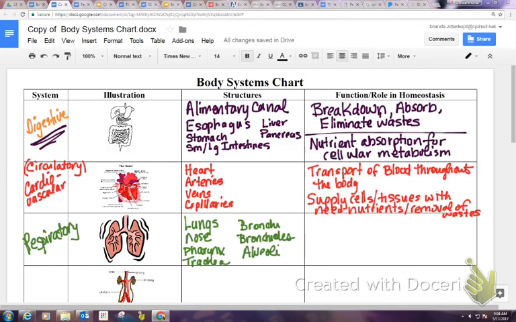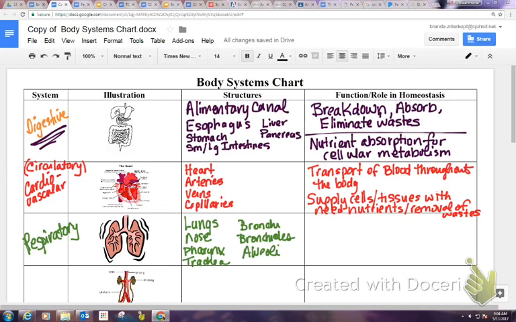So on your final exam, I would recommend that you know the passageway of air flowing through, how gas exchange occurs, why you have these different structures, why are they each important, why do you have a nose?